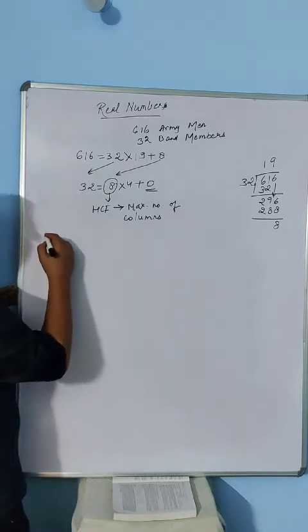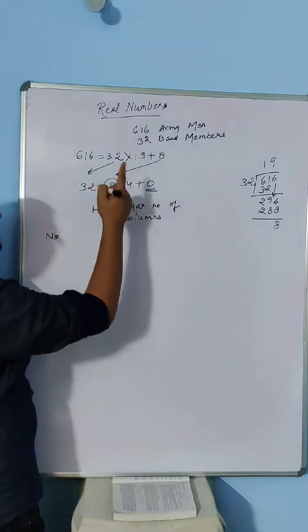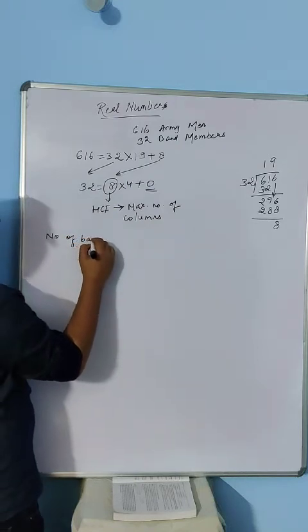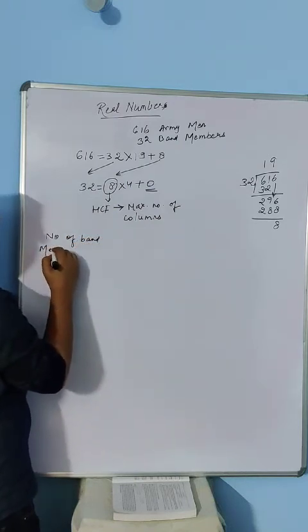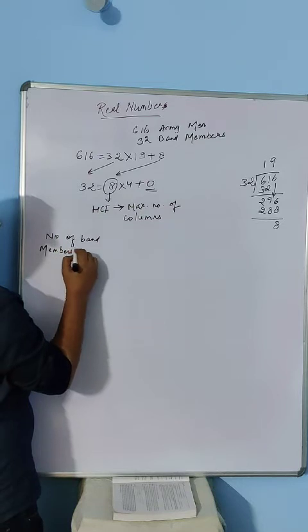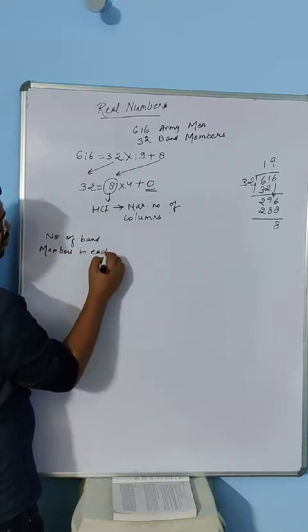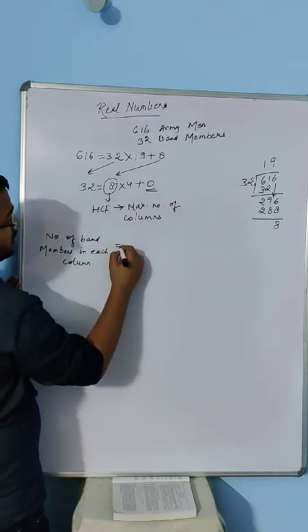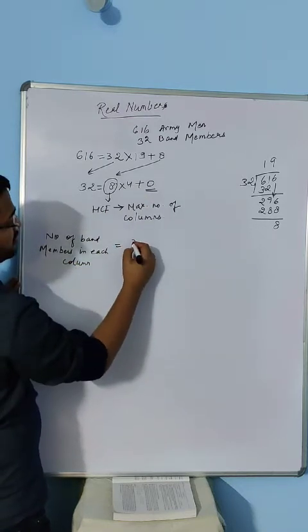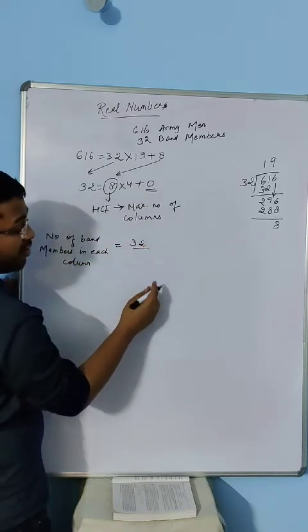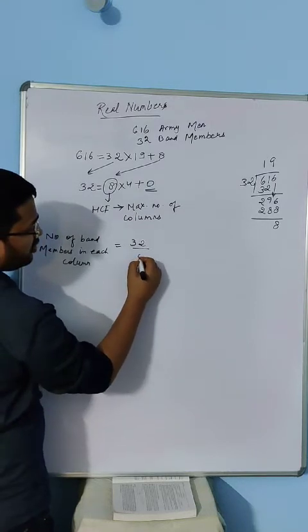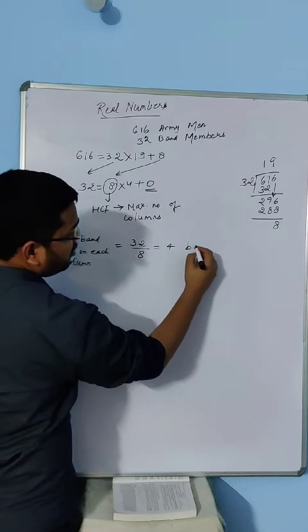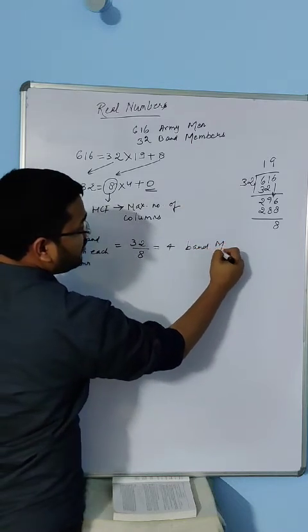So how many band members and army men are in each column? The number of band members in each column is the total number of band members, 32, upon the number of columns, that is 8, which gives you 4.